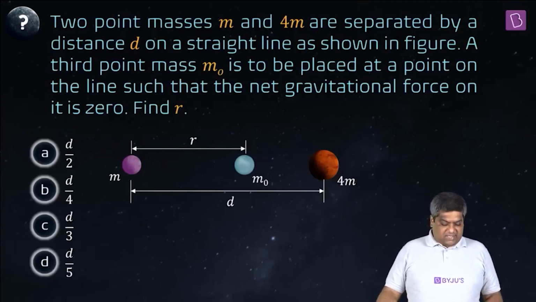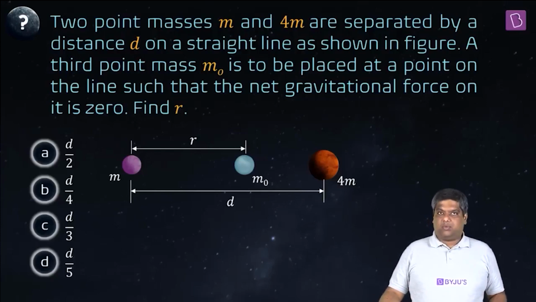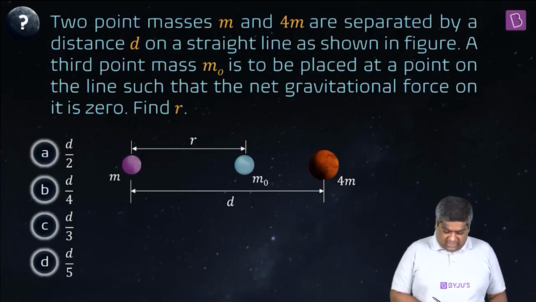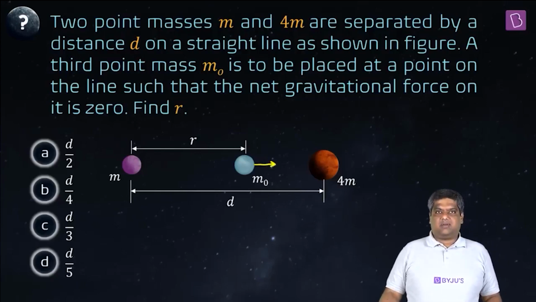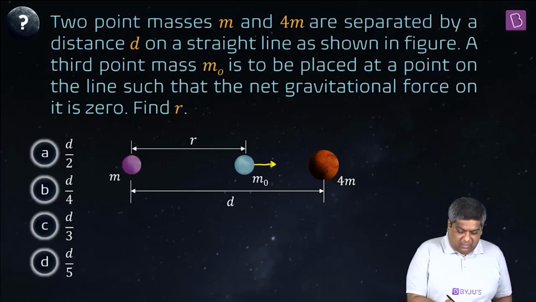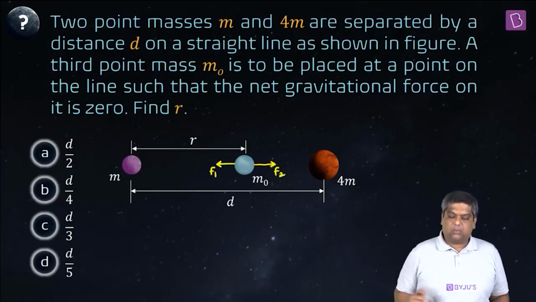Well, we have placed m0 in between m and 4m. So obviously what happens is that 4m attracts m0 with a particular force, and m also attracts m0 with a force. Let's say this is F1 and this is F2.